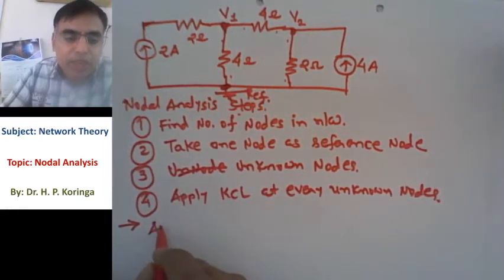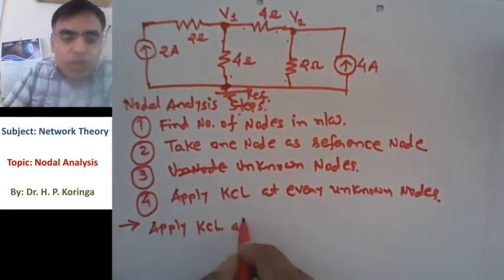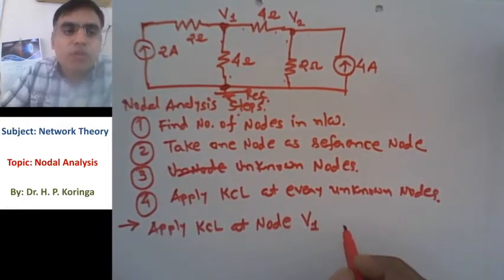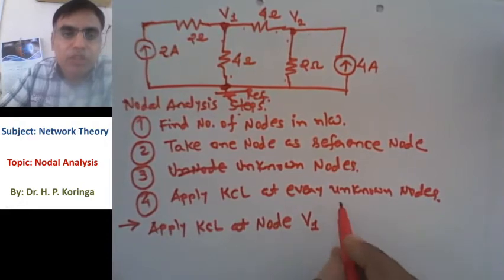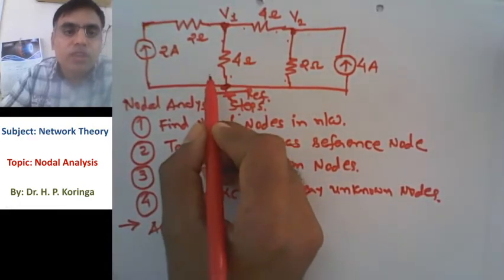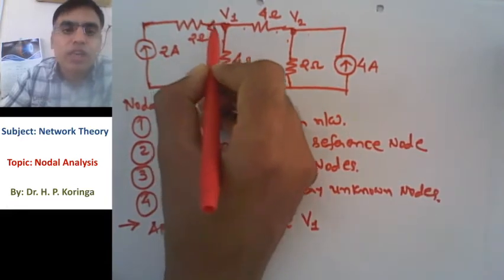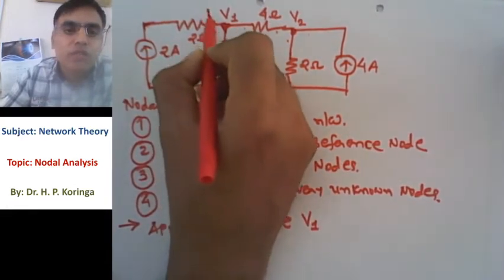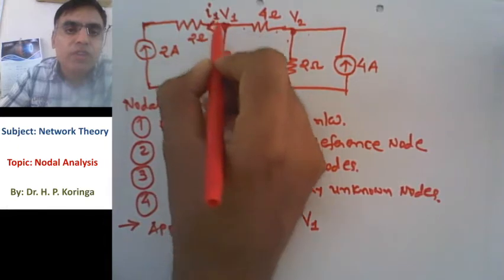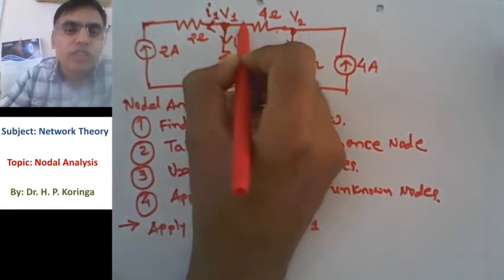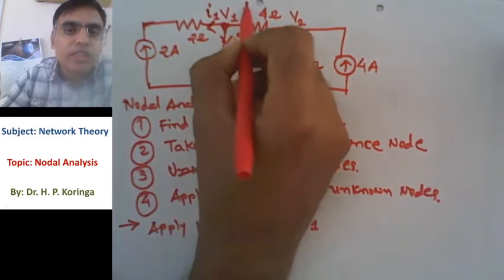First step, apply Kirchhoff's current law at node V1. For simplicity, if the current directions are not given, let us take all the currents in the outward direction. Suppose this is I1, this branch current is I2, and this branch current is I3.